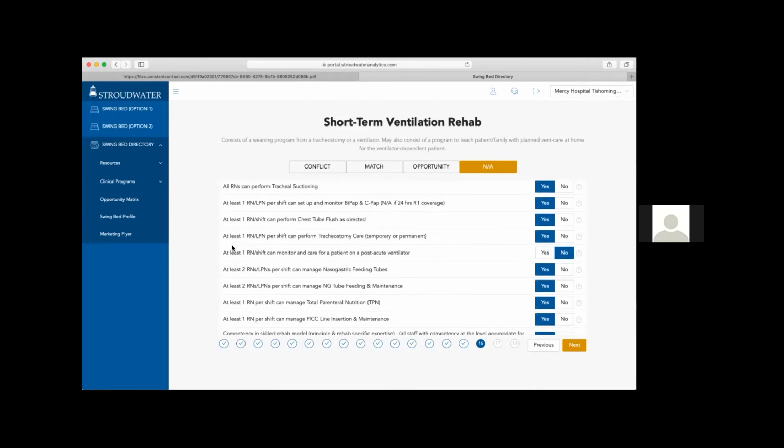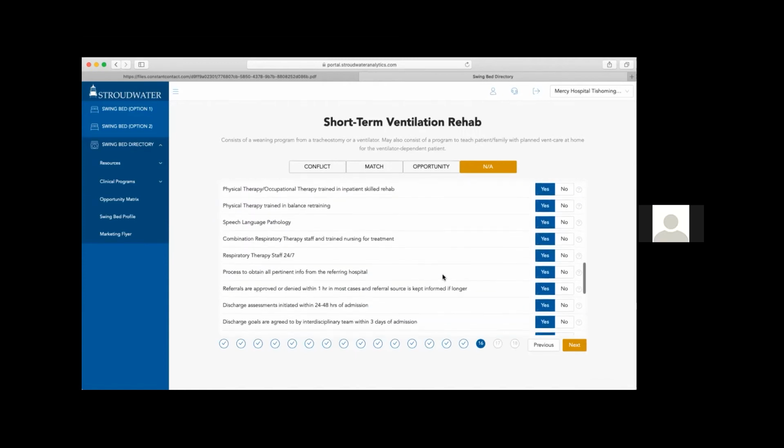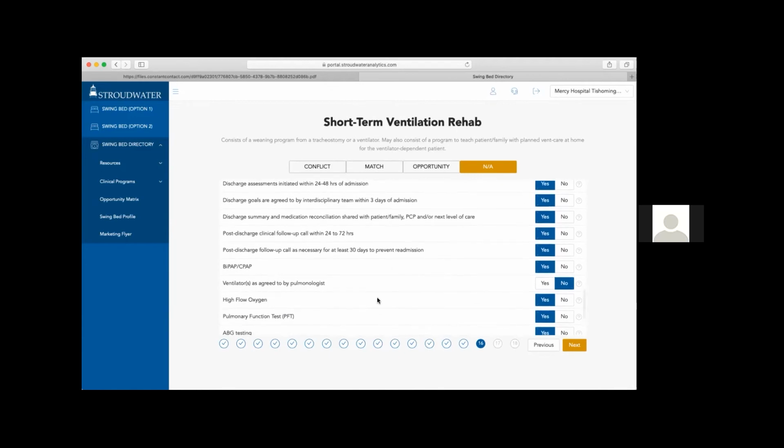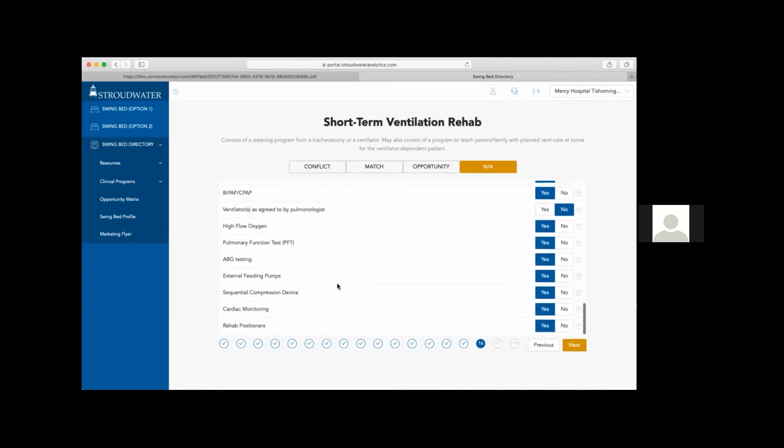So again, a clinical competency had been indicated no. So maybe this is an opportunity for some education here. And then again, it sounds like you don't have vents. Just for our emergency room. Okay.